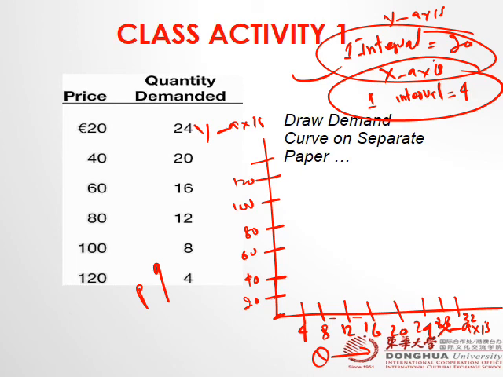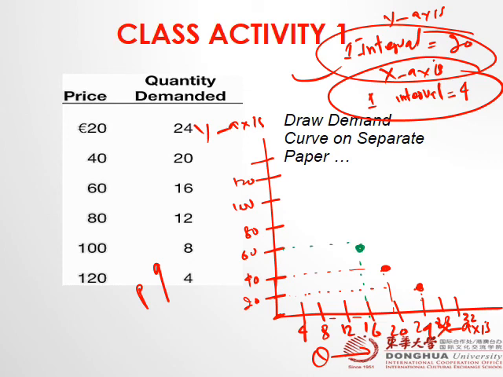the quantity demanded is 24. So 20, then 24 here. When the price is 40, the quantity demanded is 20. When the price is 60, 16 is the quantity demanded. So here, right?